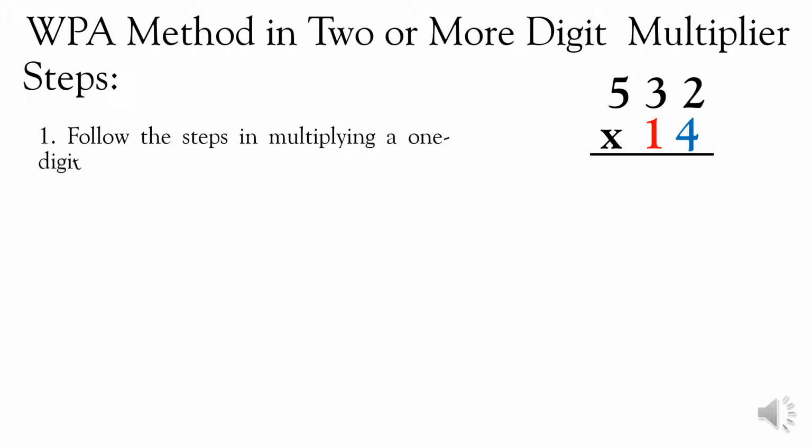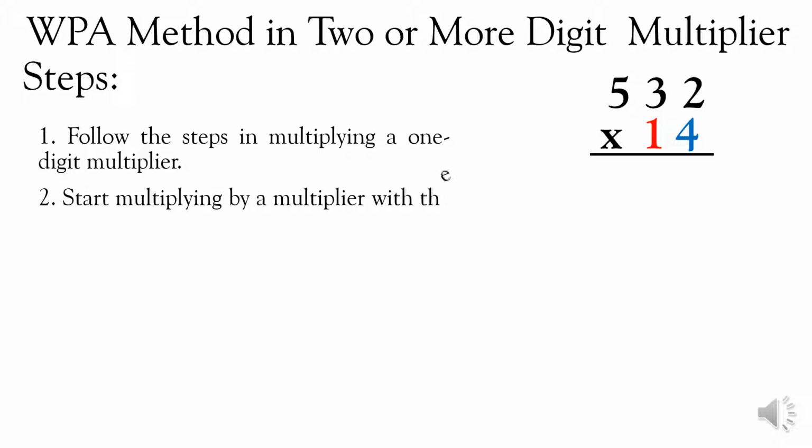The first one is we will follow the steps in multiplying numbers by a single digit multiplier. The second is we will start multiplying the multiplicand by the multiplier with the highest place value, that is from left to right. It is precisely the opposite way of multiplying numbers using the algorithm method.